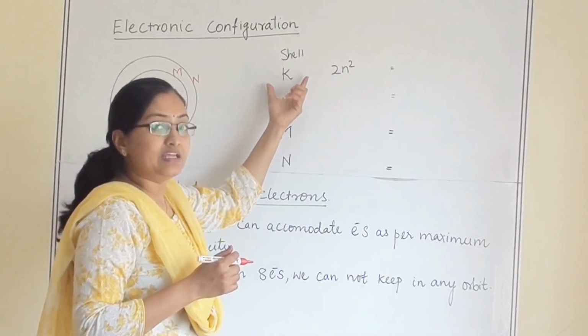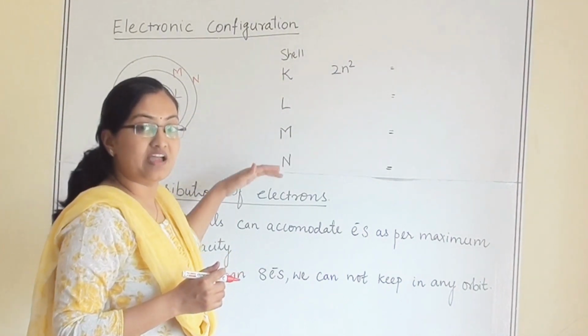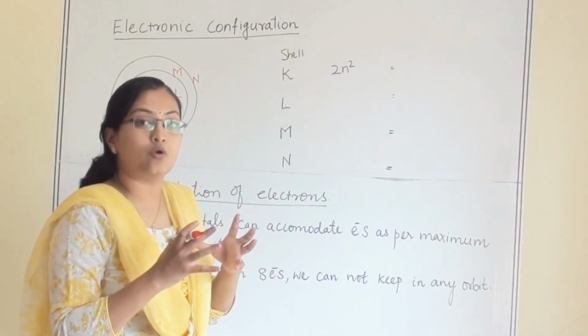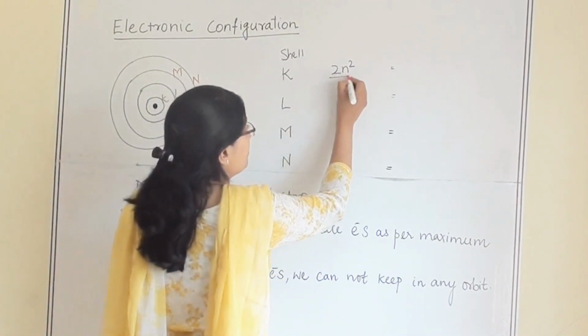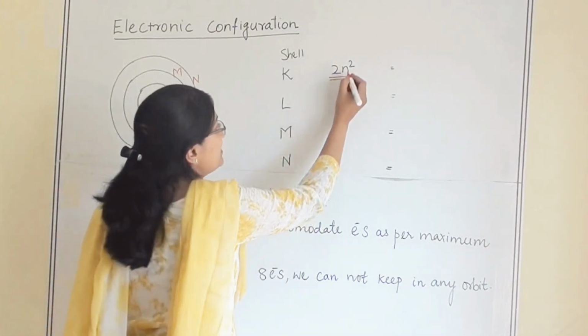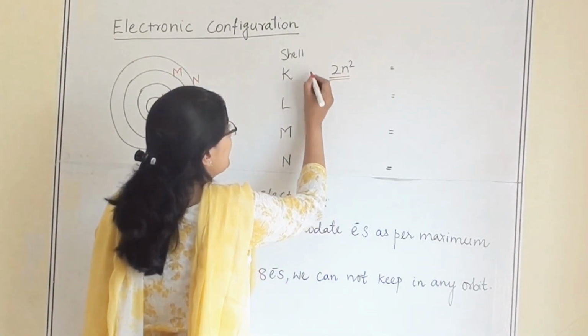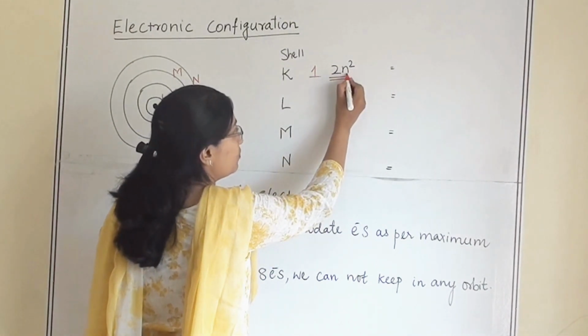So how many electrons can we put in K? Each and every orbit has its capacity to accommodate a maximum number of electrons. How can we count that? We can count it from 2n square. At the place of n, K is orbit number 1, so we are putting the integer 1.